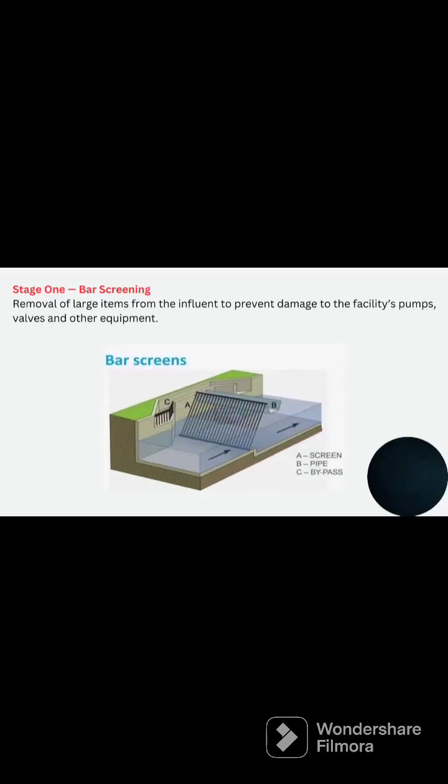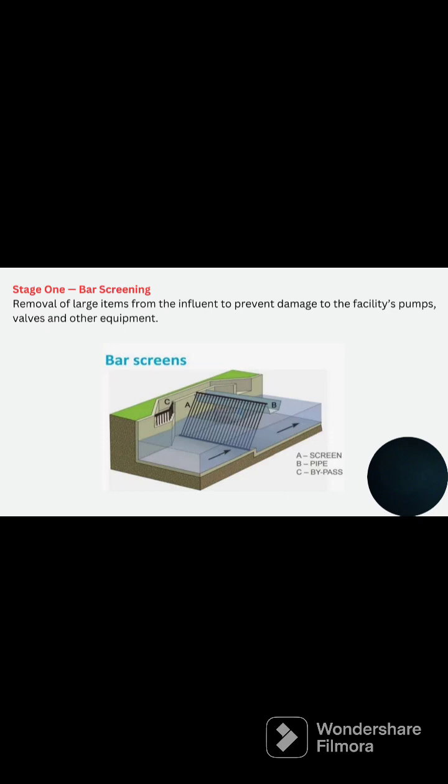So the very first step is bar screening. In bar screening, what is going to happen? Whatever large items are present in the water, like gravel or aggregates, are first of all separated out by this method, the bar screen. You can see that there are such kinds of bar screens available.